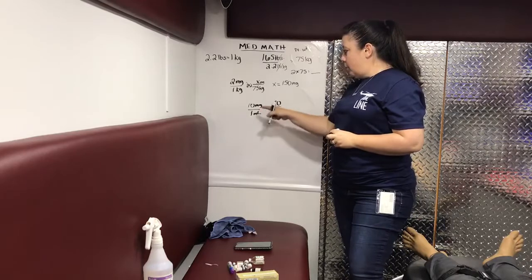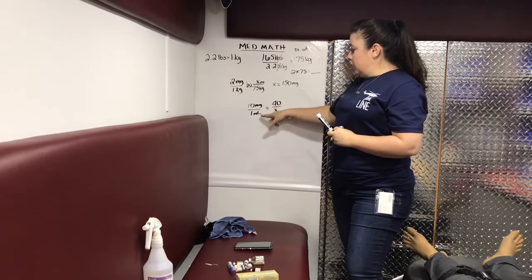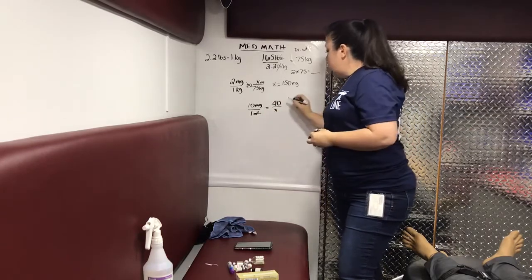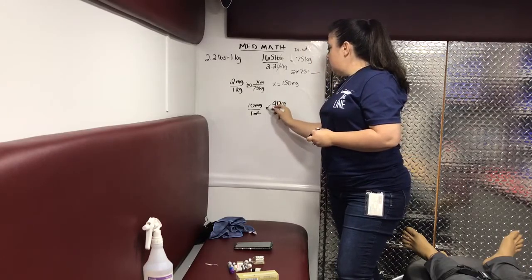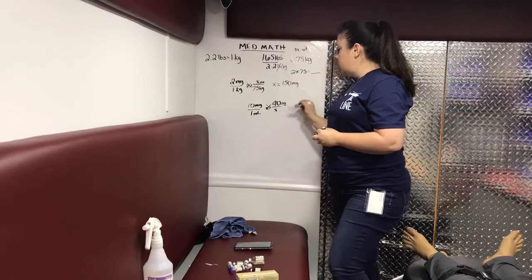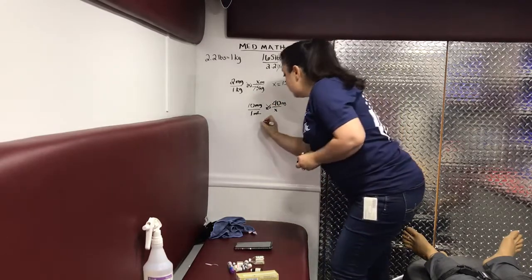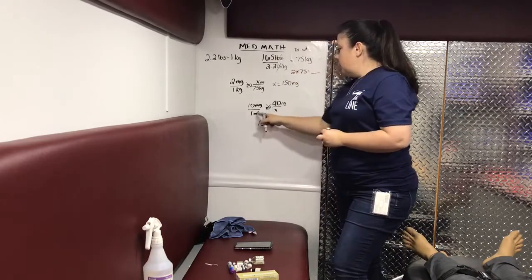So here's where we go back to our equation. I have my milligrams per mL, so the mLs are on the bottom, and we need to give 40. Again, we cross multiply and then divide. 10 times x equals 10x, and 40 times 1 equals 40.